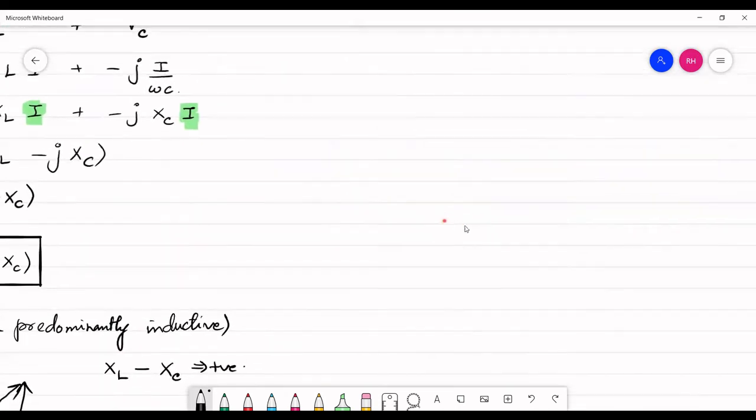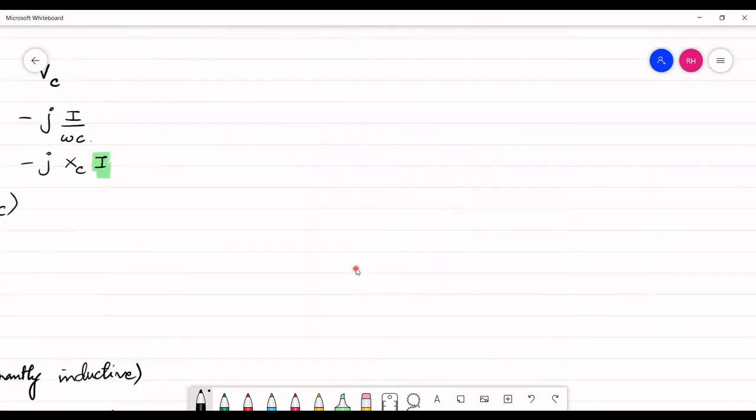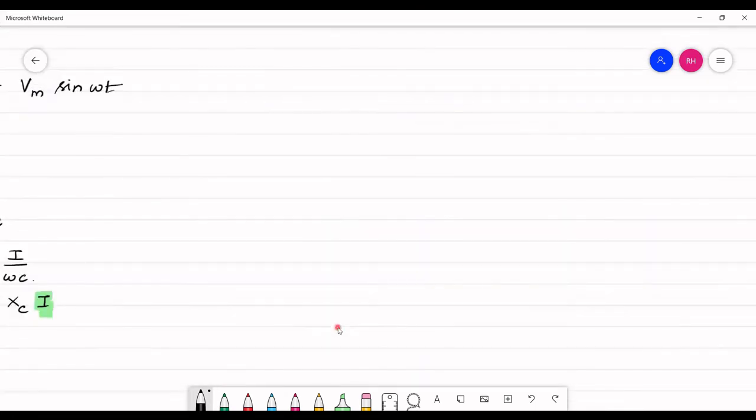Now let's discuss the predominantly capacitive case. So when our circuit is predominantly capacitive, XC is greater than XL. And now drawing the impedance triangle, we will have resistance, XL, and this is XC.